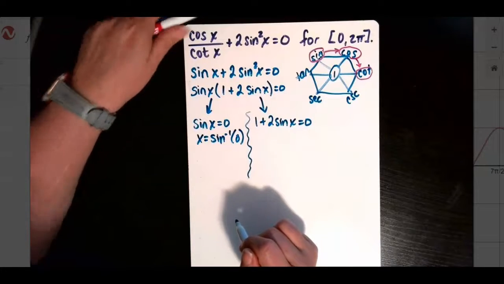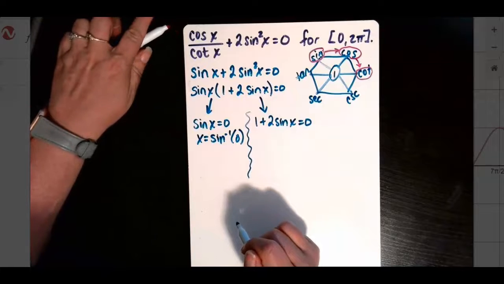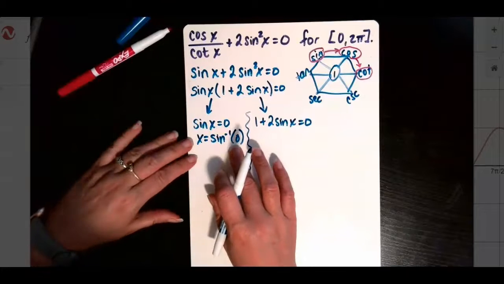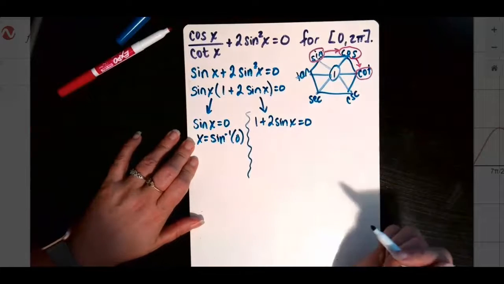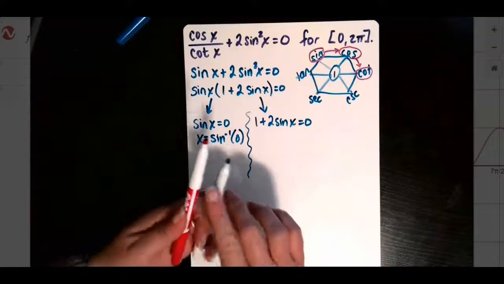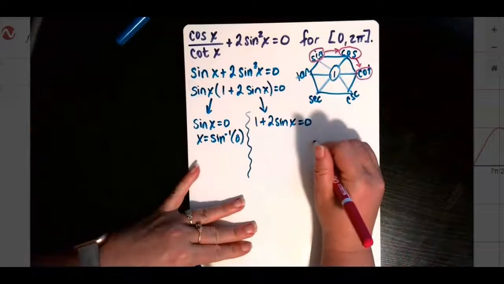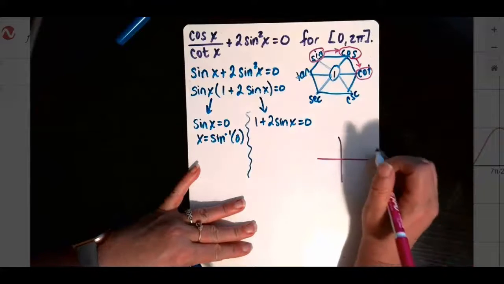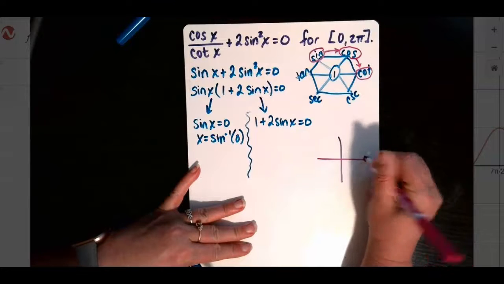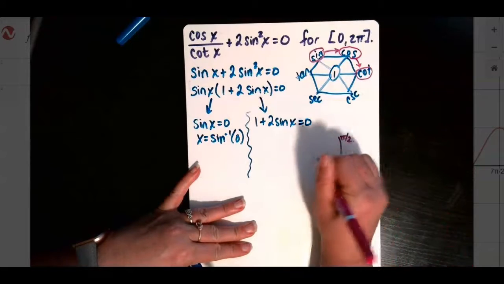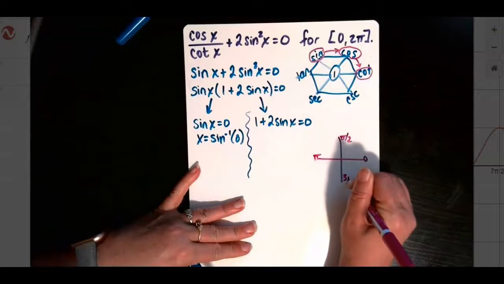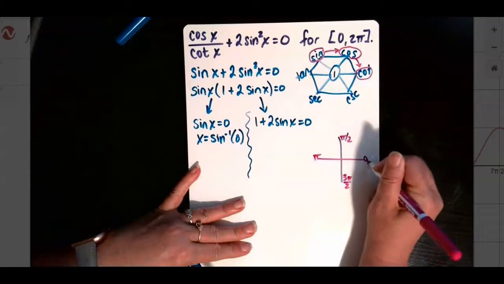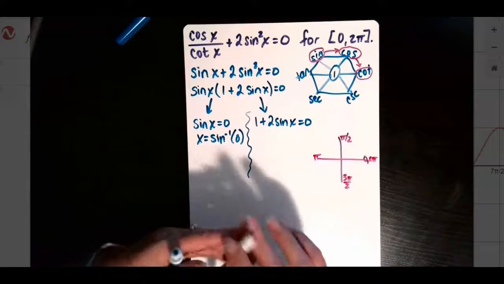And that's asking us the question, what angle on the unit circle has a y-coordinate of 0? So if we sketch a quick picture of our quadrantal angles, this is 0, pi over 2, pi, 3 pi over 2, and then back to 2 pi.